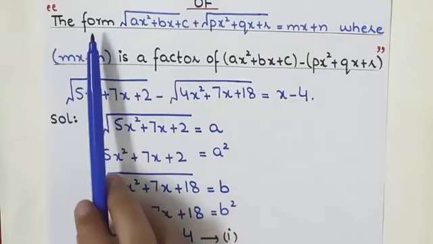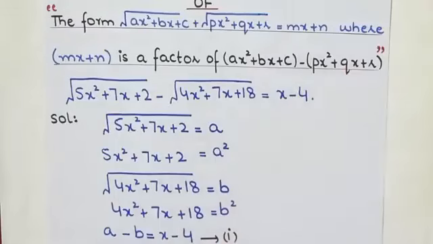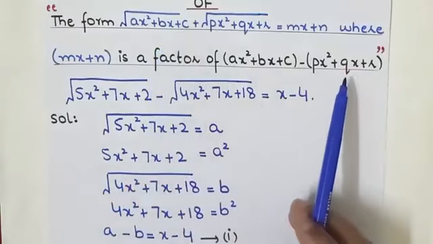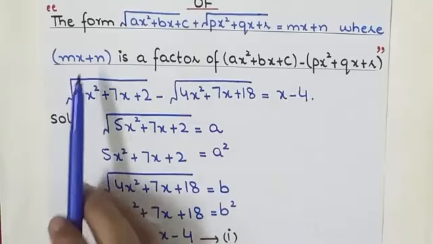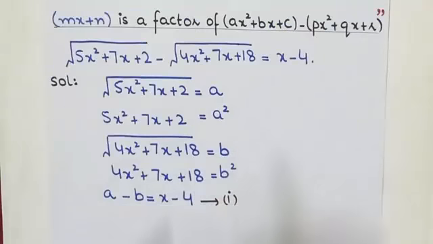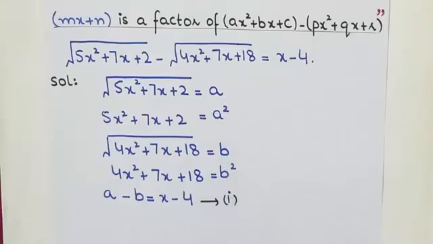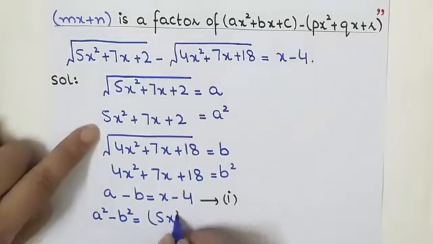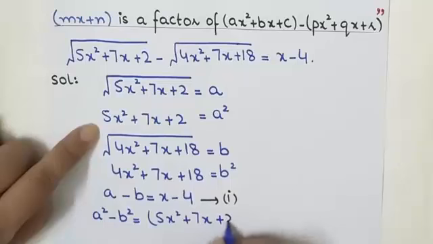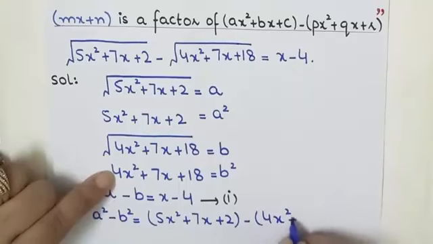Now this form of equation says that the subtraction of these two terms which are occurring under the radical sign gives us a value which is a factor of their subtraction. So we subtract these two values, a square and b square. The value of a square is 5x square plus 7x plus 2 minus the value of b square, which is 4x square plus 7x plus 18.